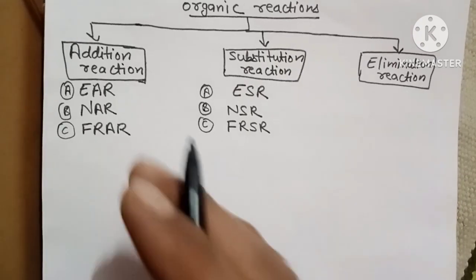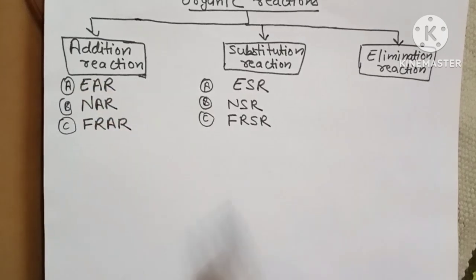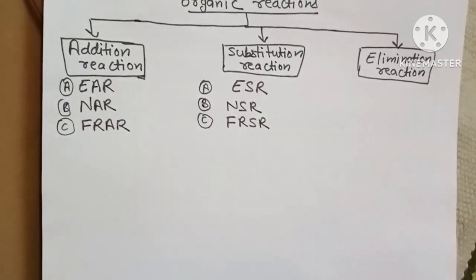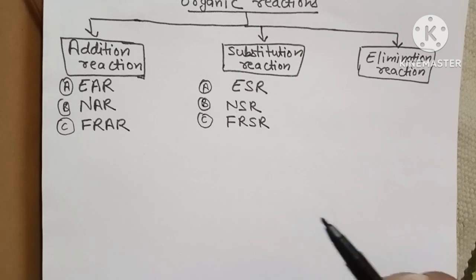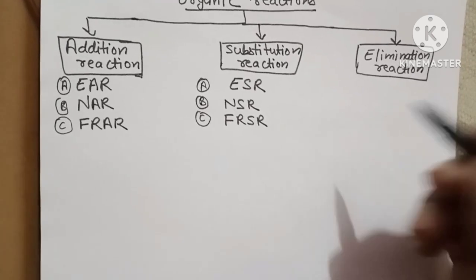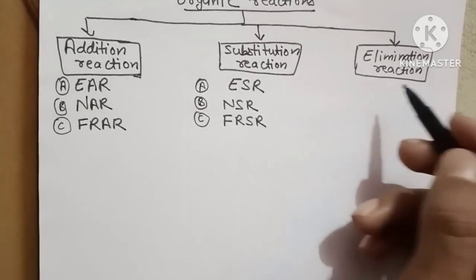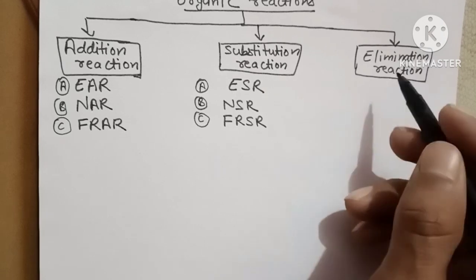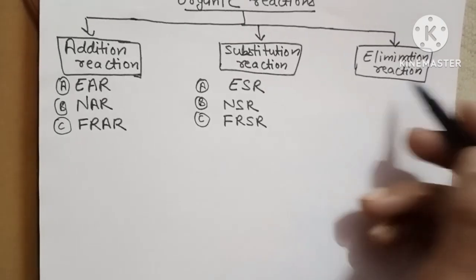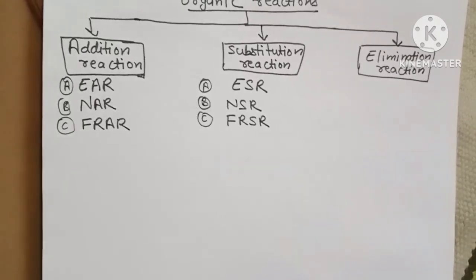So we have seen that these three are addition reactions and these three are substitution reactions, and the last one is the elimination reaction, which in the syllabus we have as E1 and E2. Mainly we will see these types. Okay, so these are the different types of elimination reaction, which go through E1 and E2.